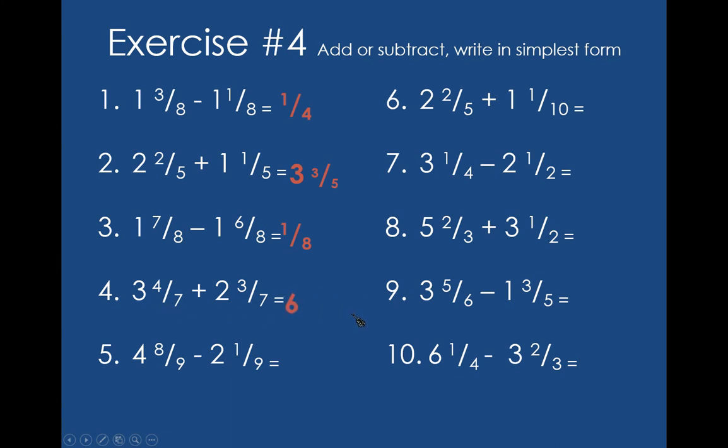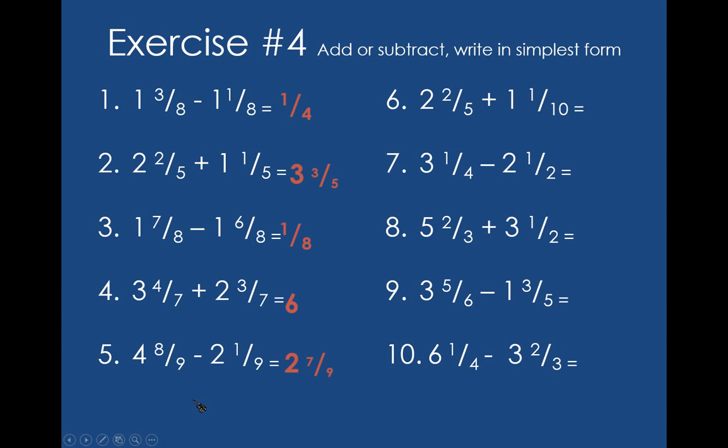The answer is 6. How did that happen? 4 plus 3, 7. So, 7 over 7 is automatically 1. So, 3 plus 2, 5, plus 1, 6.